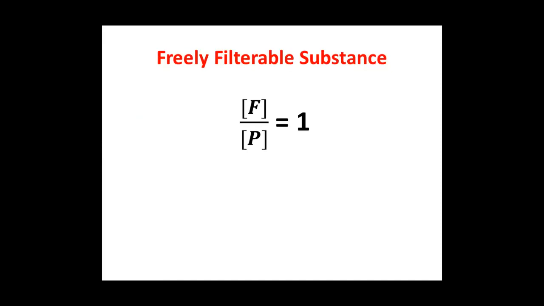Now, for a substance which can easily pass through the glomerular filtration barrier, the concentration of that substance in the filtrate and plasma is the same. So the F by P ratio will be 1. When the F by P ratio is equal to 1, we call it a freely filterable substance.